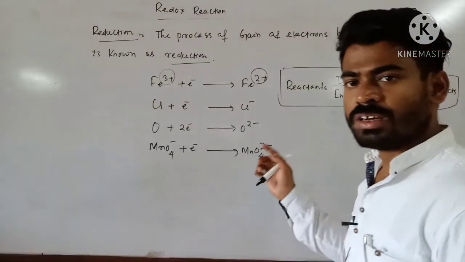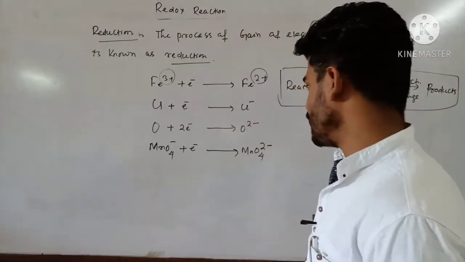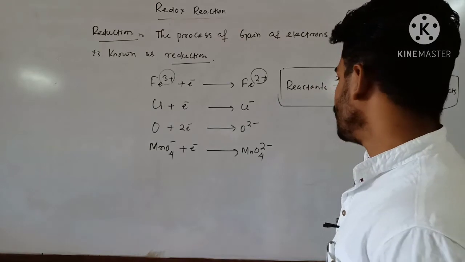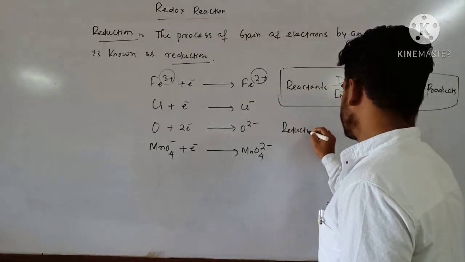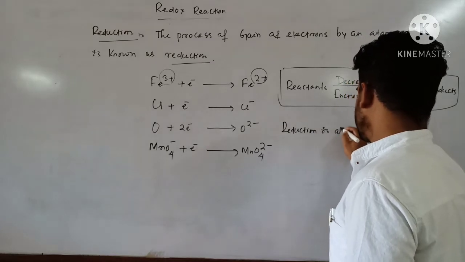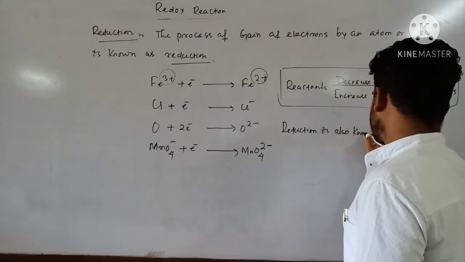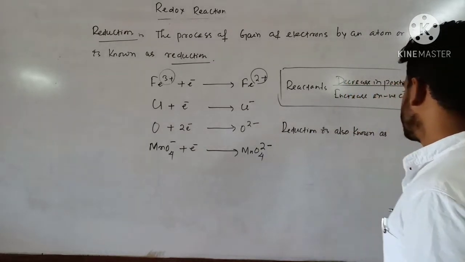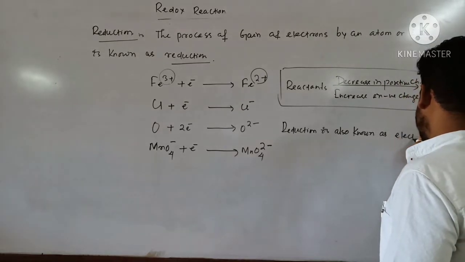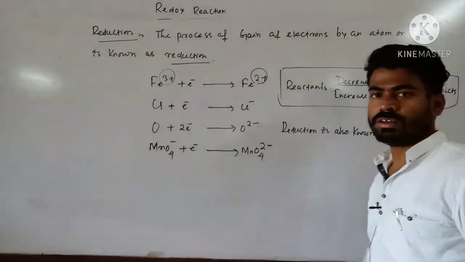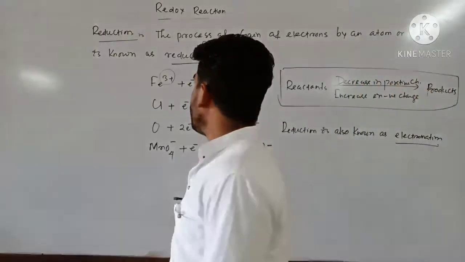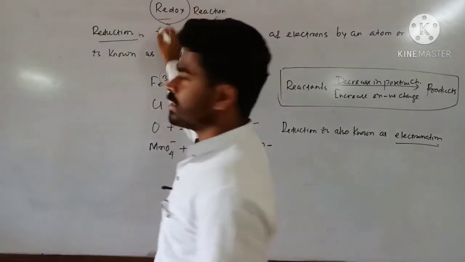Since in reduction addition of electrons takes place, reduction is also known as electronation. Clear?